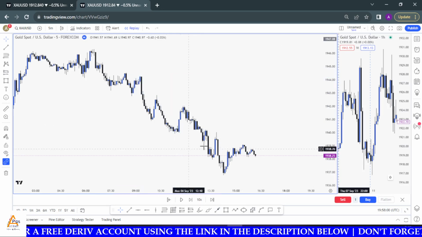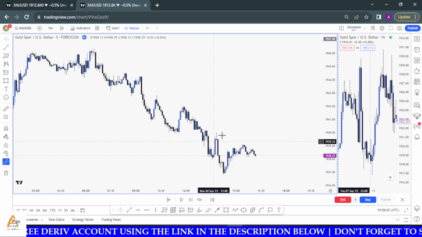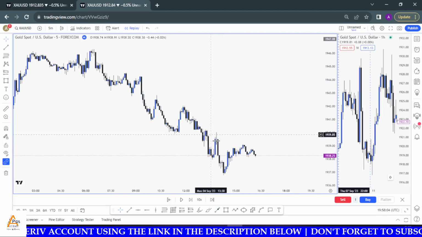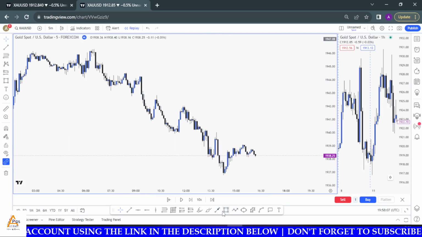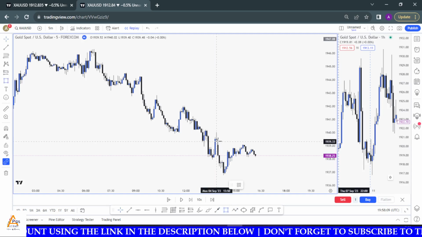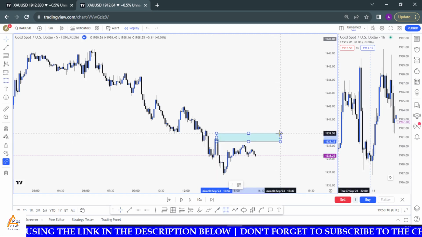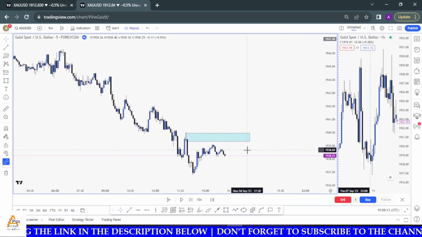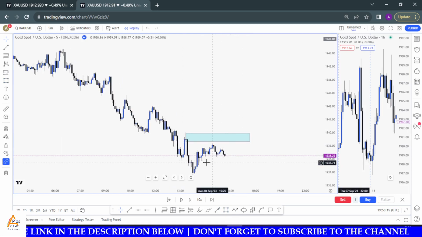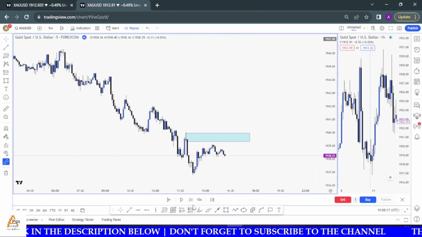Okay, all right. So here also we can trade from this point, this area here. This is a proper single candle order block, but I don't trust it that much. Okay, so this is 50-50 for you to take the risk on it.